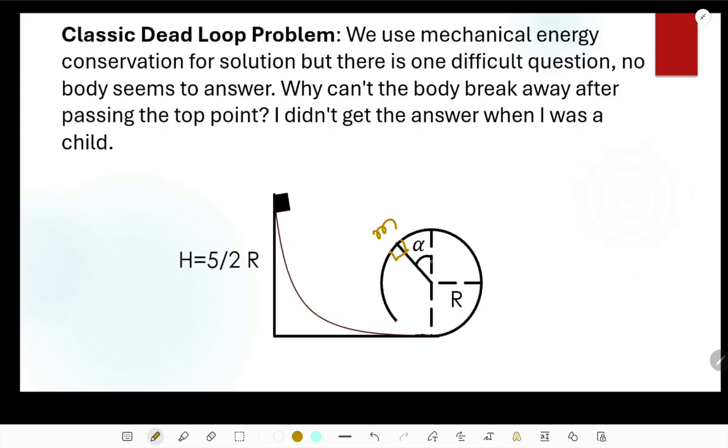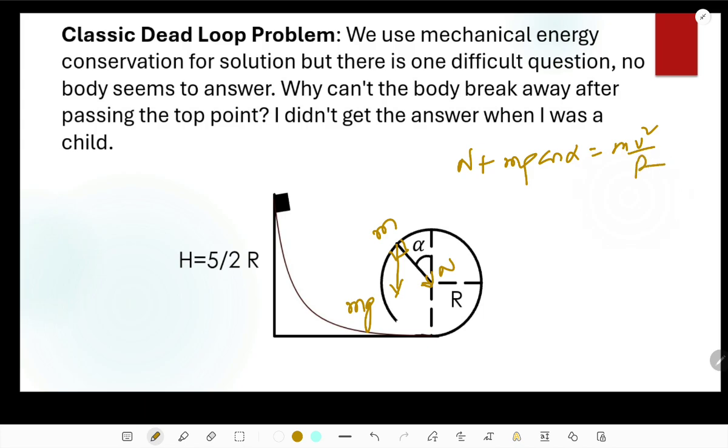If this angle is alpha, the gravity will be acting on it in the vertically downward direction, with value mg, and the normal force will also act in this direction, so that the expression for its centripetal acceleration can be written as N plus mg cos alpha equals mv square by r.